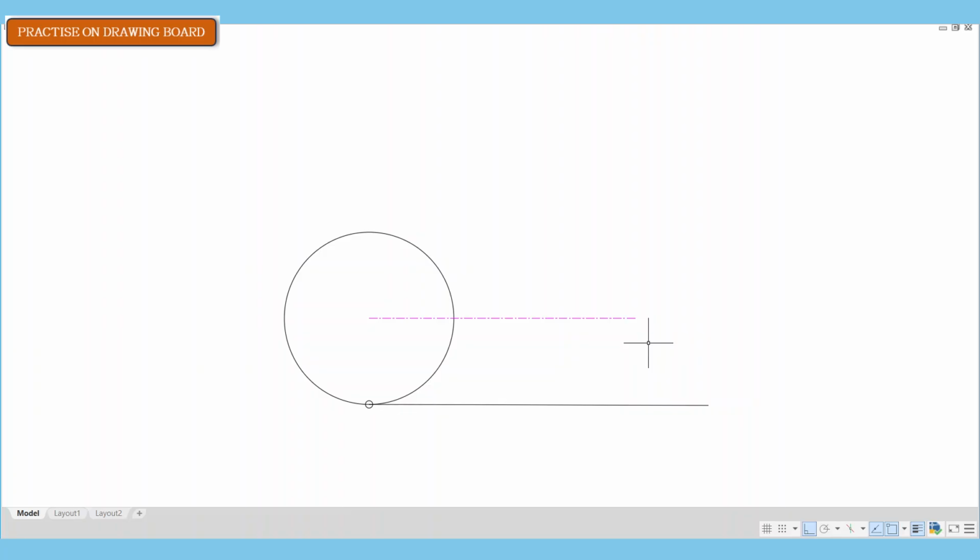Okay, so what I'll do next will be to divide the circle into 12 equal parts, as we always do.